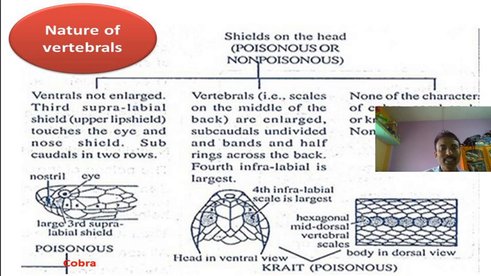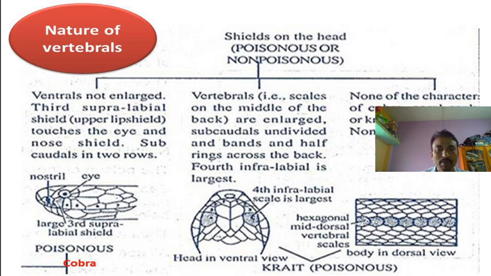It indicates that it is a what? Cobra. Cobra means poisonous. This third supralabial is a larger one and it touches the eye. Then it confirms that it is a cobra. In general, we can identify the cobra if it shows the fang.